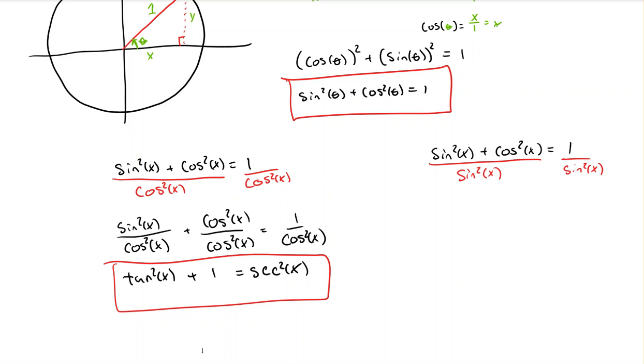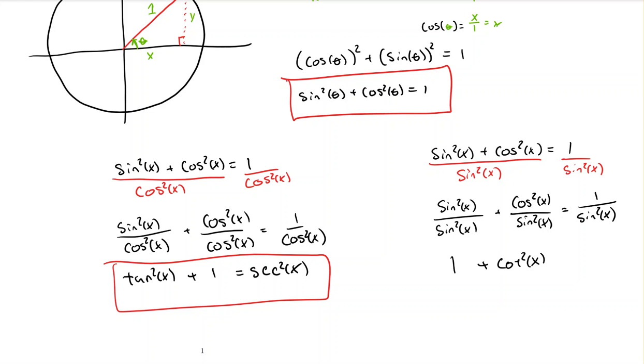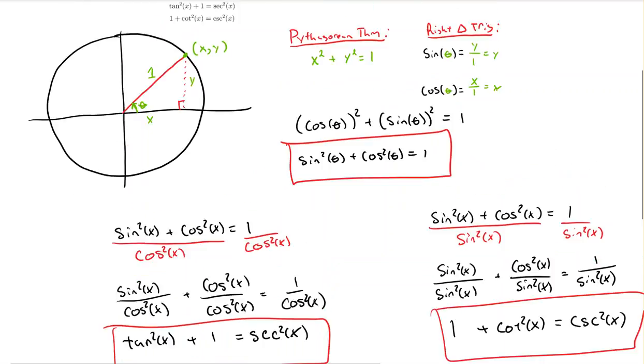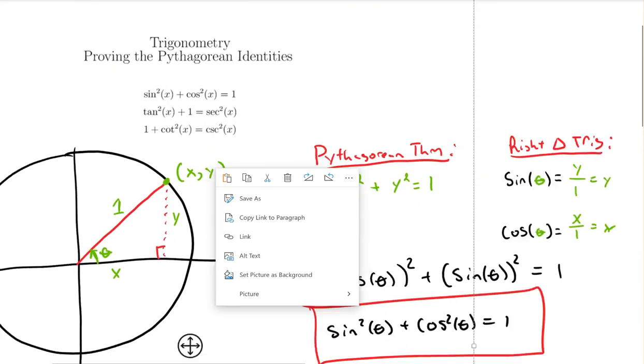And when I do this, I get the following, which gives me 1, because sine squared divided by sine squared will be 1, plus cosine squared divided by sine squared, which is just cotangent squared by the quotient identities, is equal to 1 over sine squared, which is really cosecant squared of x by our reciprocal identities. So we end up with our third Pythagorean identity.